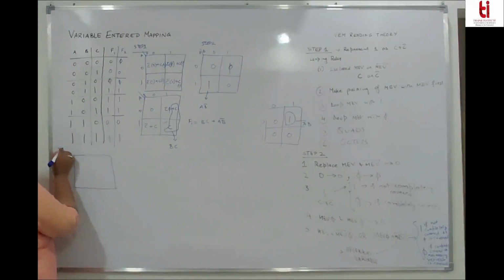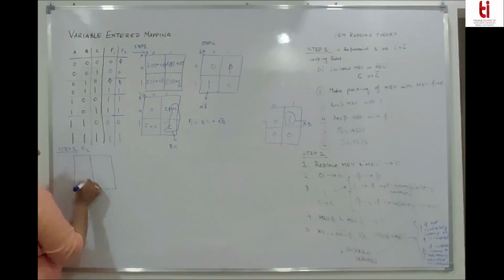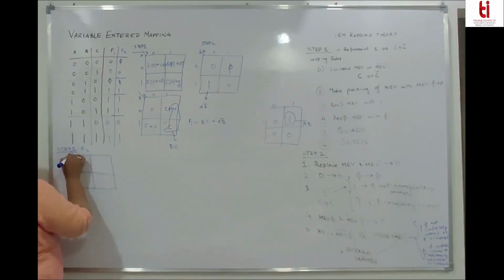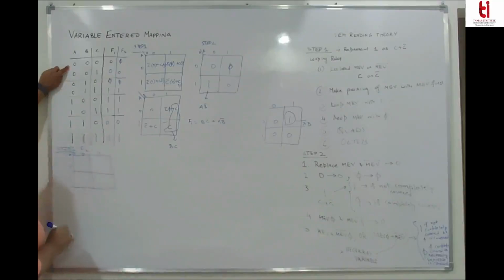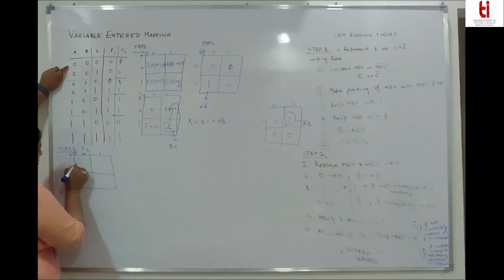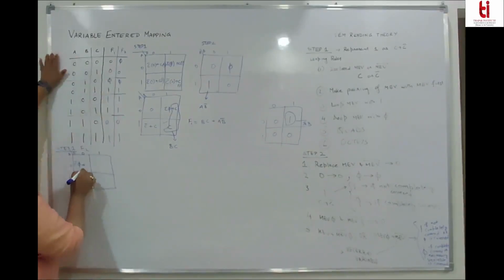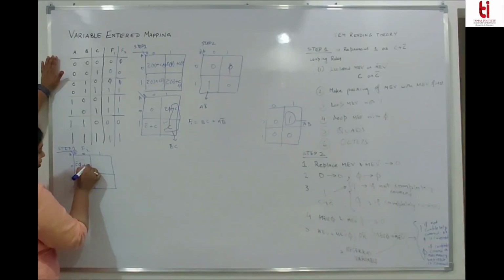This is step 1 for F2. We are finding F2. How to plot it? For 0, 0, for C bar it is 5. For C it is 0. So C and with 0 will give you 0.